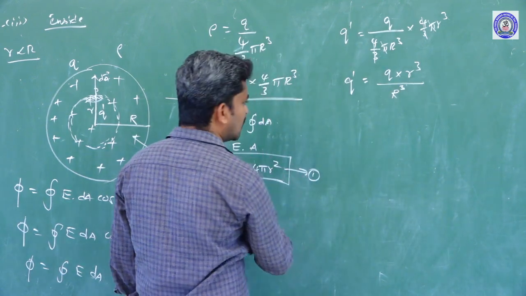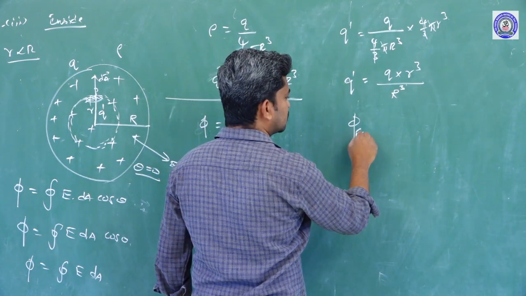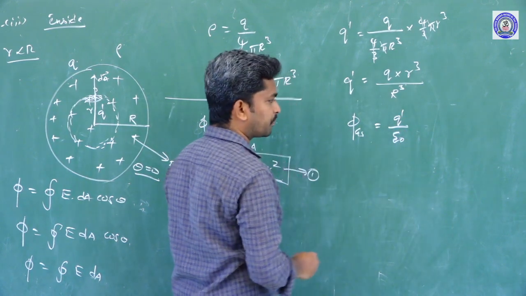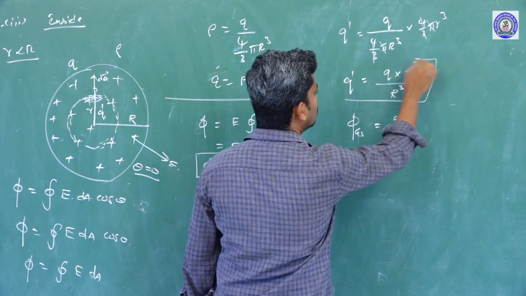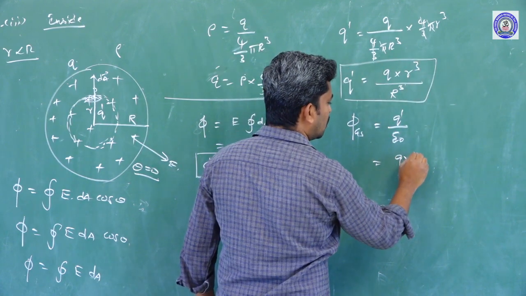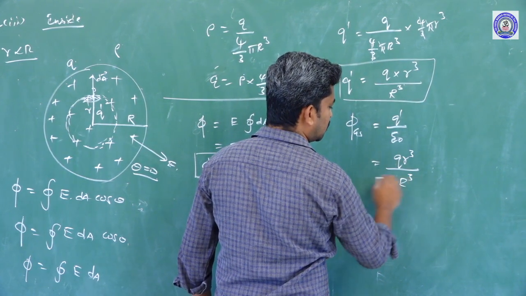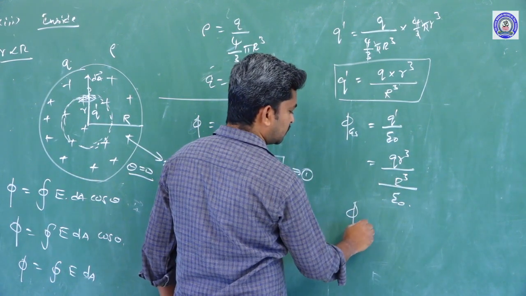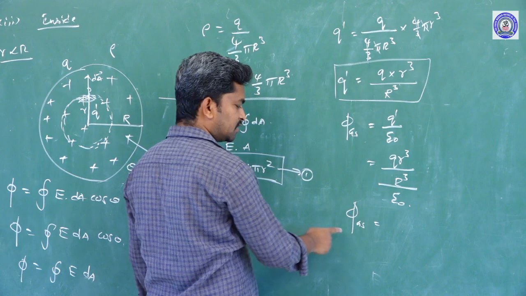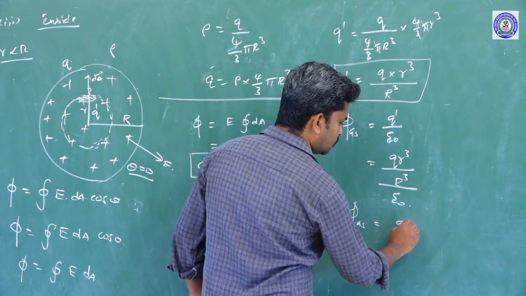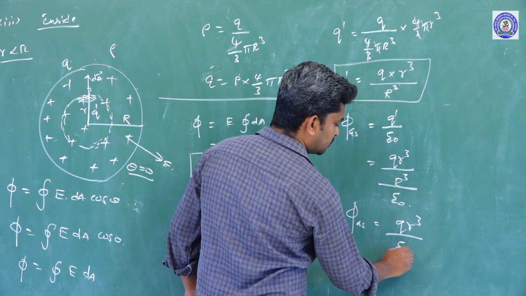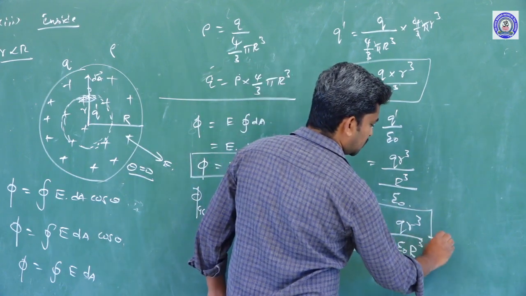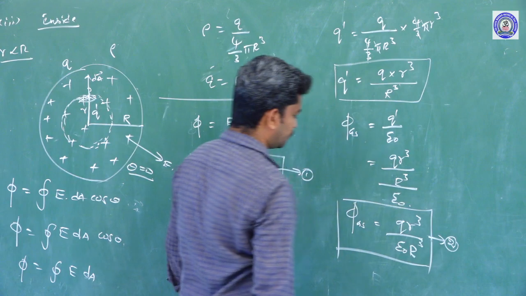According to Gauss law, the flux is q dash divided by epsilon naught, so the flux is equal to Q r cube divided by epsilon naught R cube. This is equation number 2.